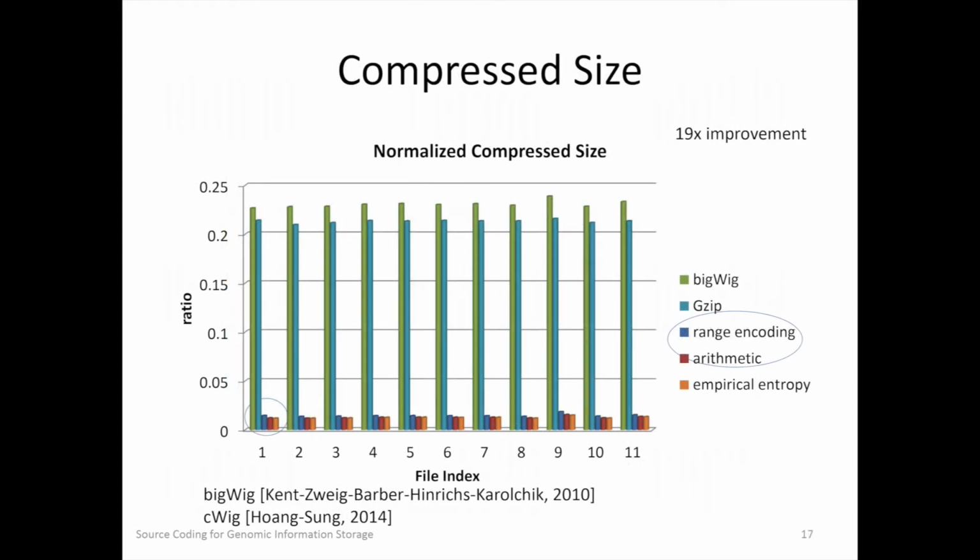Here are some simulation results that we made on the data from ENCODE. You can see that we compare our work with some existing work. The first one is BigWig, which was actually a standard in the ENCODE database.